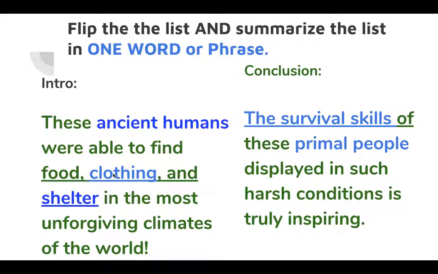I took food, clothing, and shelter, and instead of repeating them up in the conclusion, I found a word or phrase, in this case a phrase, survival skills, that basically summarized all the main ideas. And so I got, "The survival skills of these primal people displayed in such harsh conditions is truly inspiring."